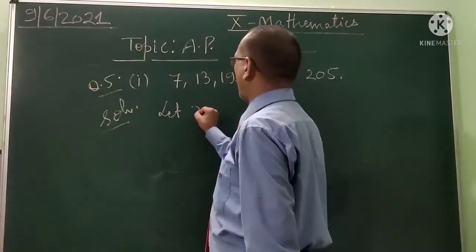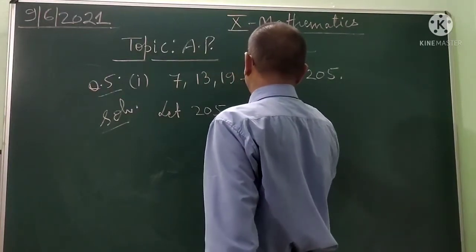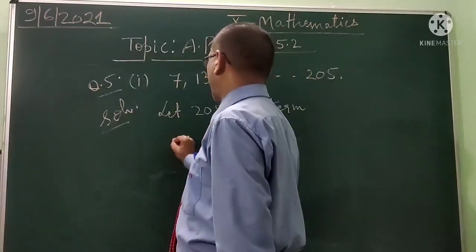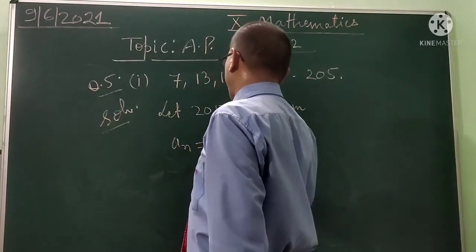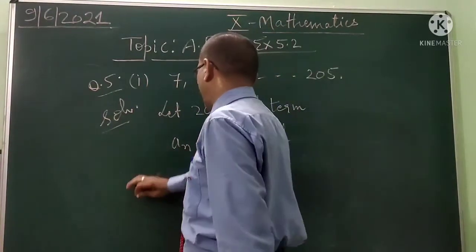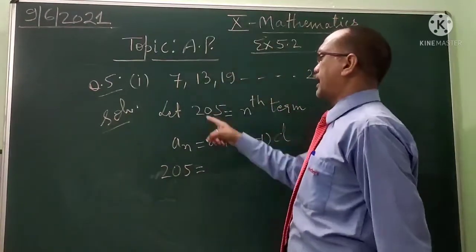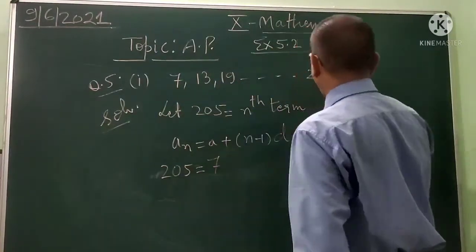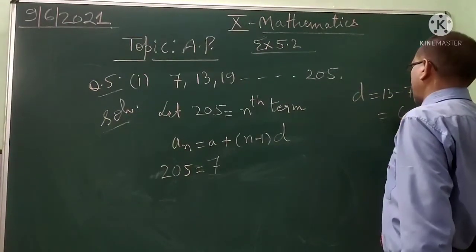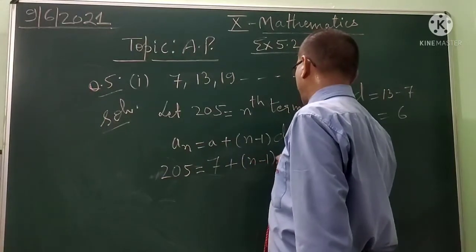Let 205 equal the nth term. Then the formula for the nth term, an equals a plus n minus 1 into d. So 205 equals, first term is 7 and common difference d is 13 minus 7, which is 6. So it is 7 plus n minus 1 into 6.